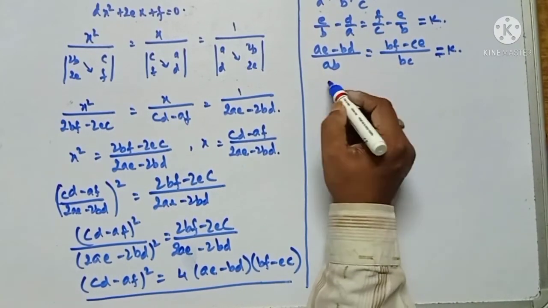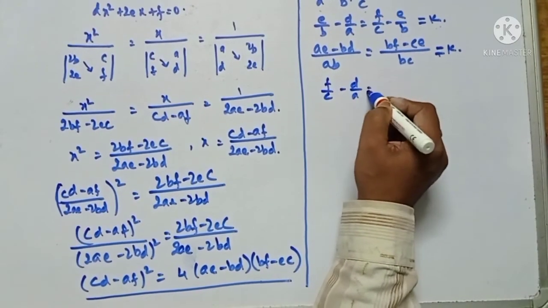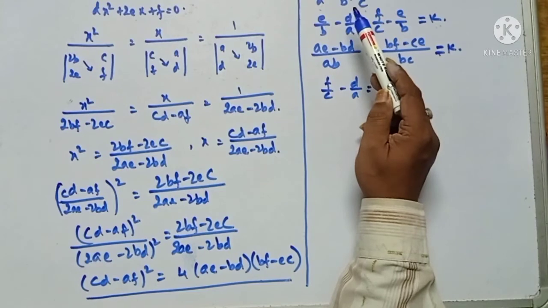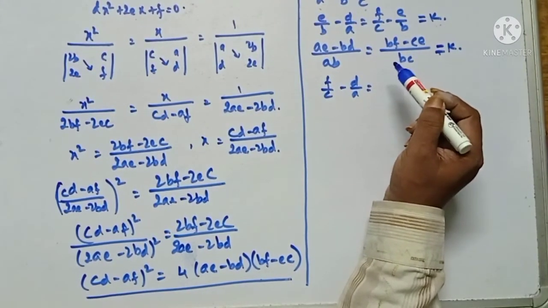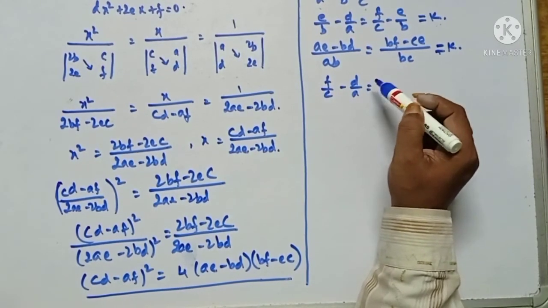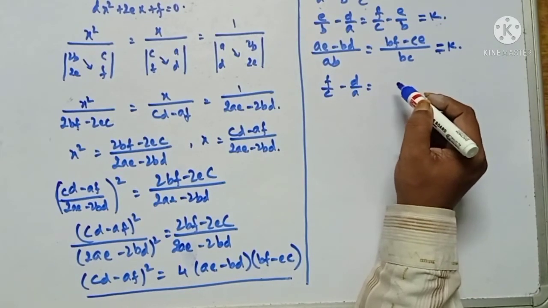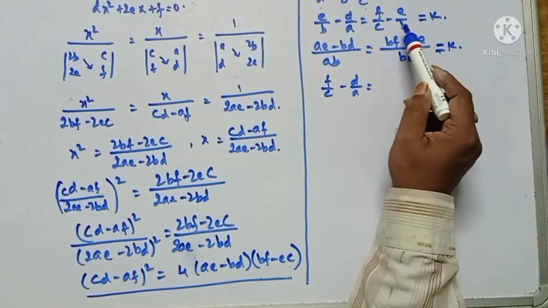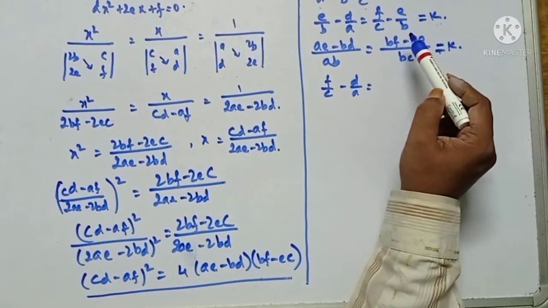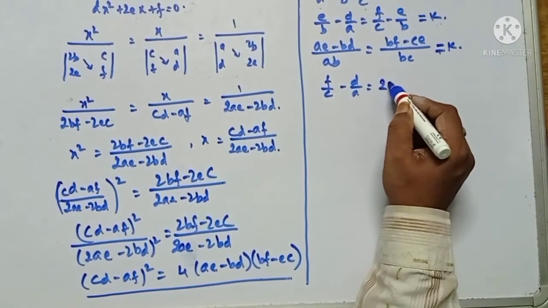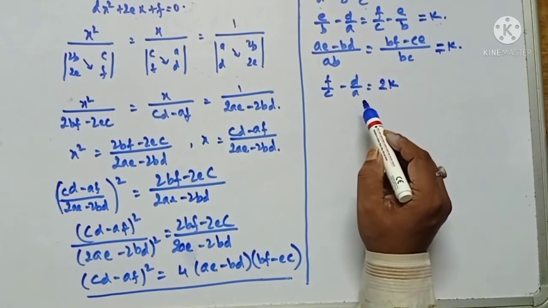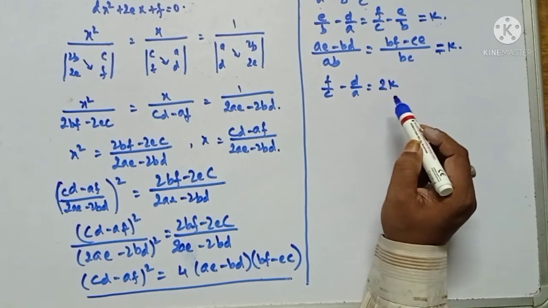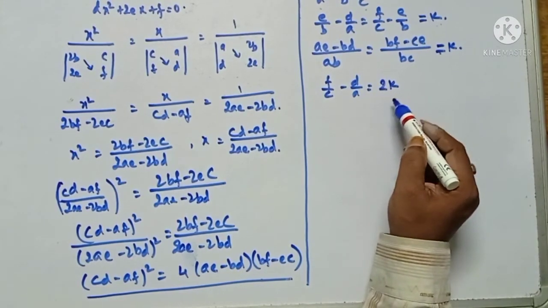So here F by C minus D by A will be equal to 2K. This is an interesting fact.